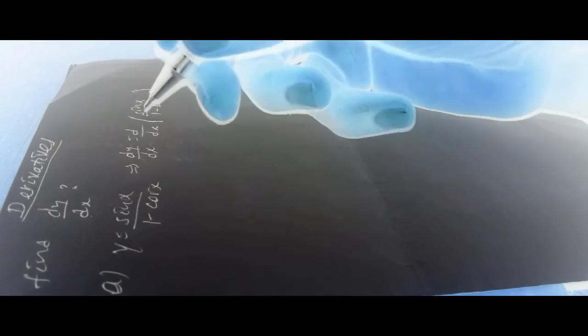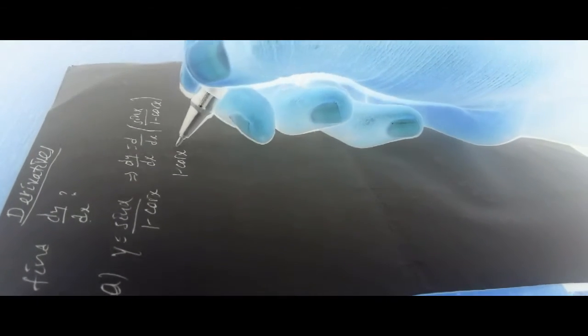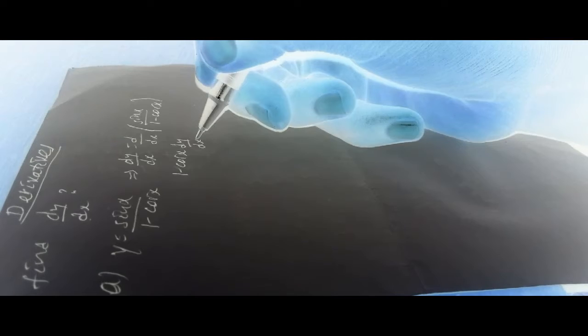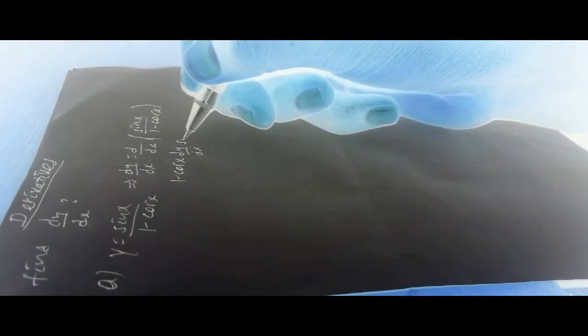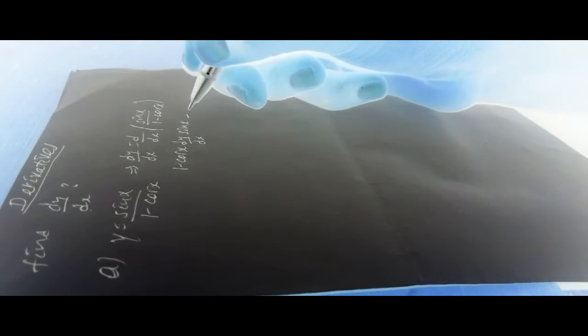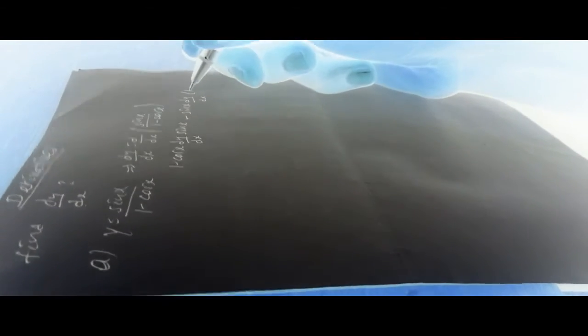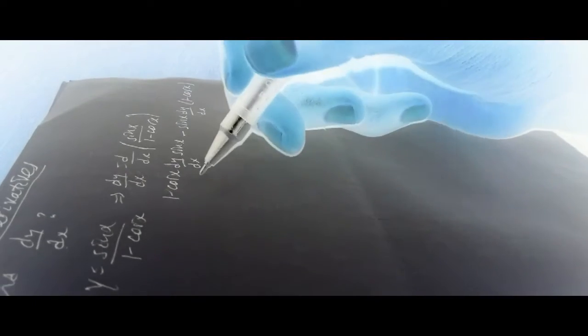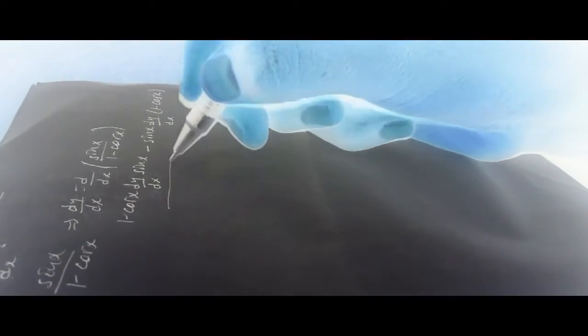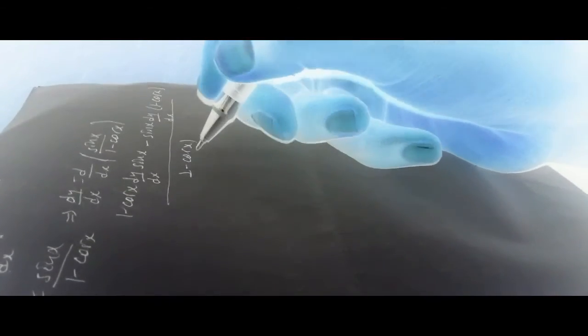From this we can say: the denominator 1 minus cos x times dy by dx of the numerator sin x, minus sin x times dy by dx of the denominator 1 minus cos x, over the denominator function the whole square, that is, over (1 minus cos x) the whole square.